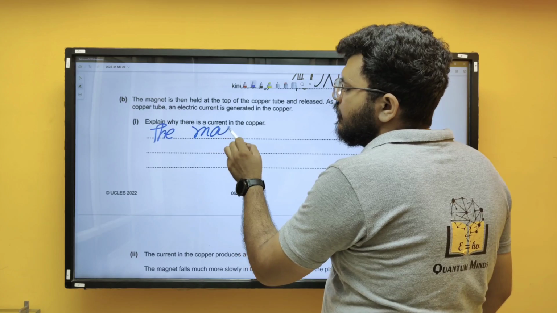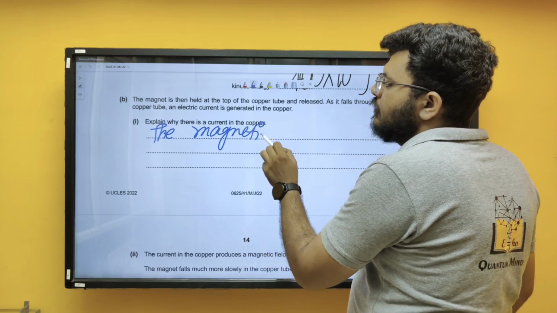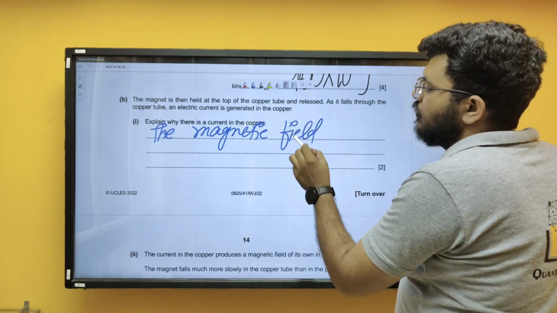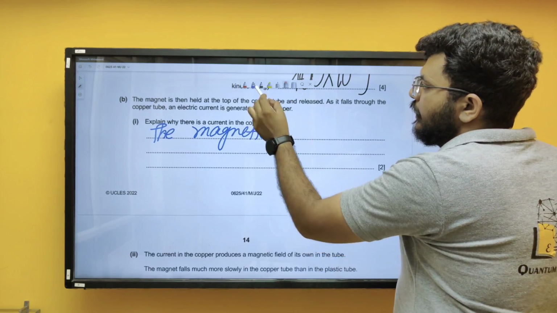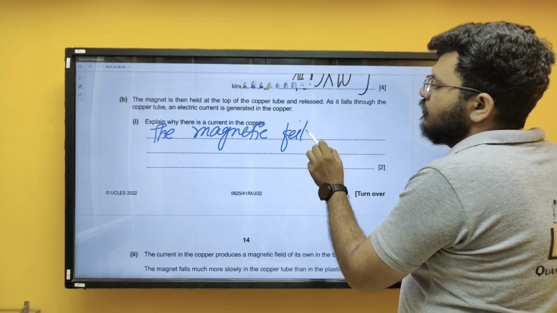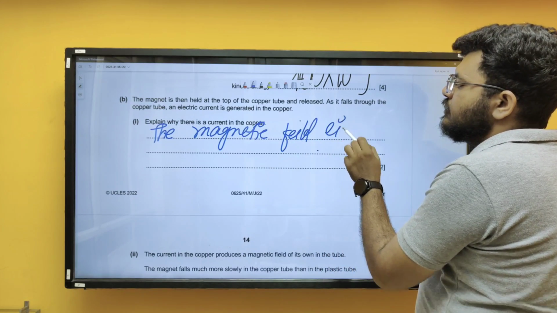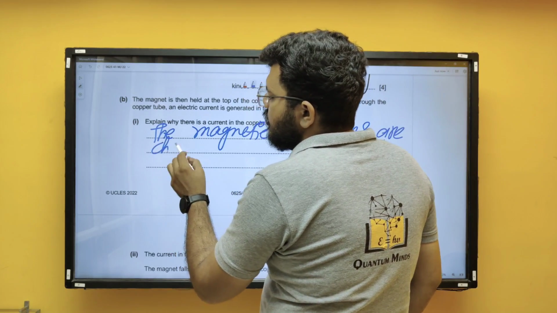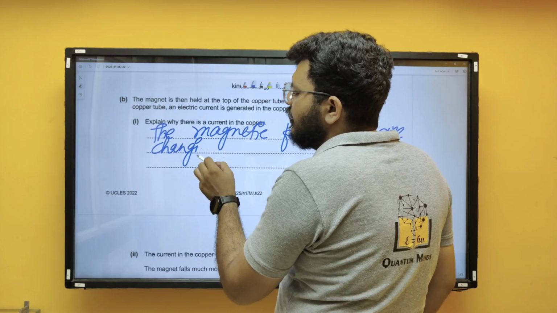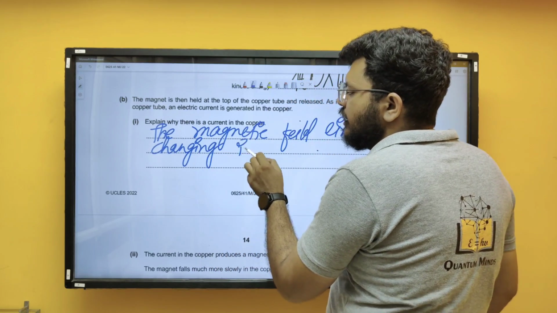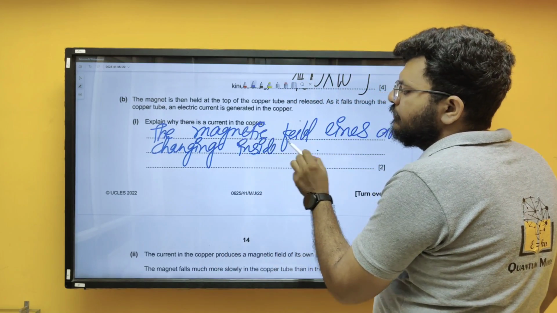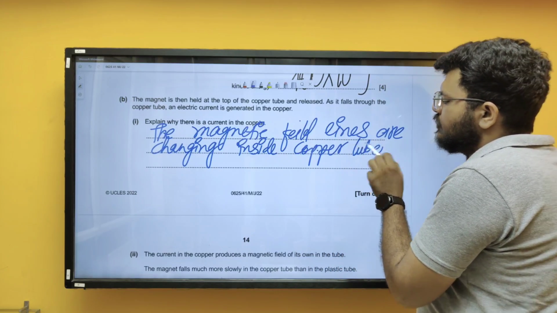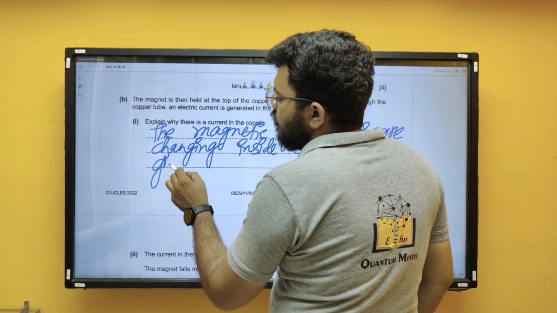The magnetic field lines are changing, right? Or you can say magnetic flux is changing inside the copper tube, giving rise to a current.